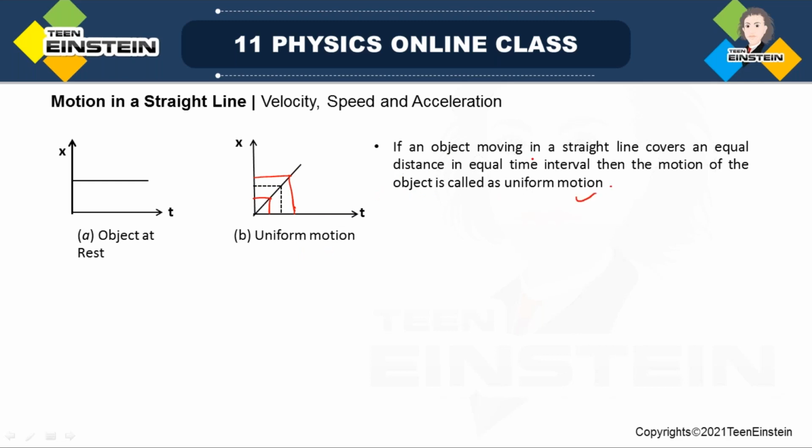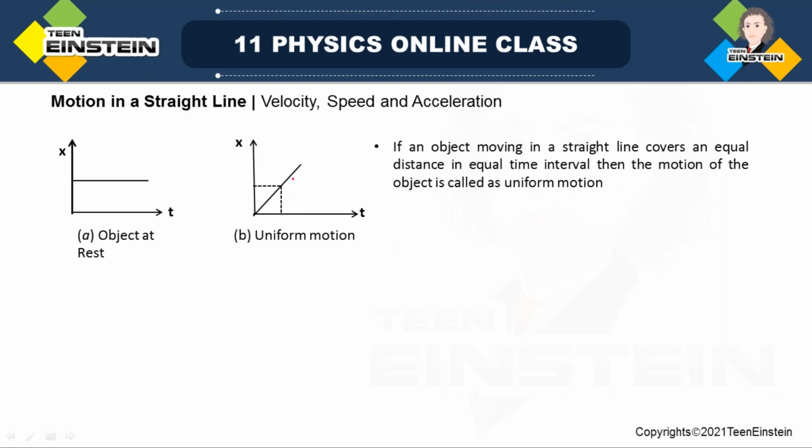So if an object moving in a straight line covers an equal distance in equal time interval, then the motion of the object is called uniform motion.